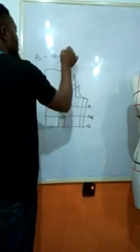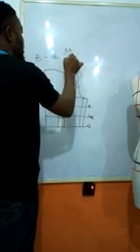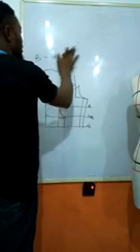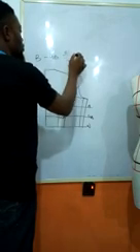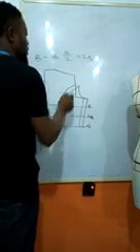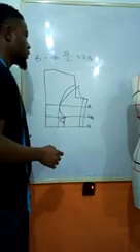So take for instance, if bust is 35 and under bust is 30, I subtract and I get 5, and I divide 5 by 2, which gives me 2.5. In this case, my cup size will be 2.5, right?